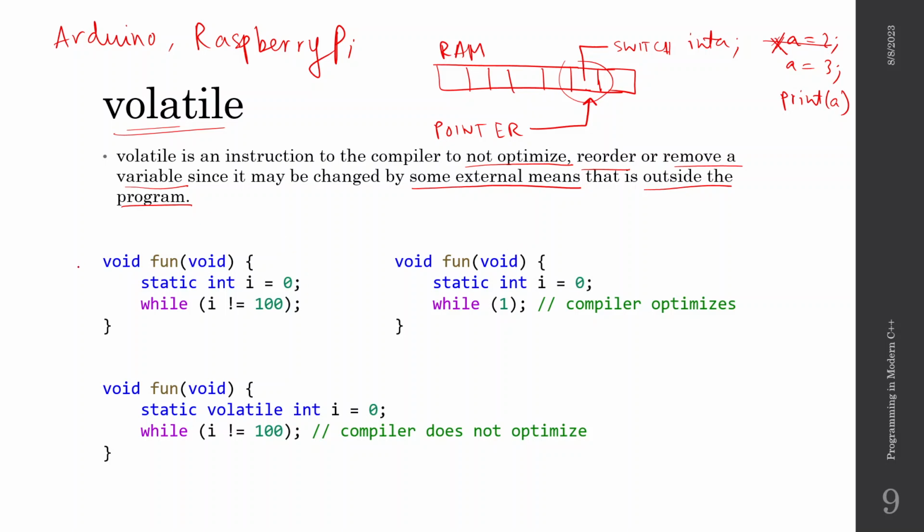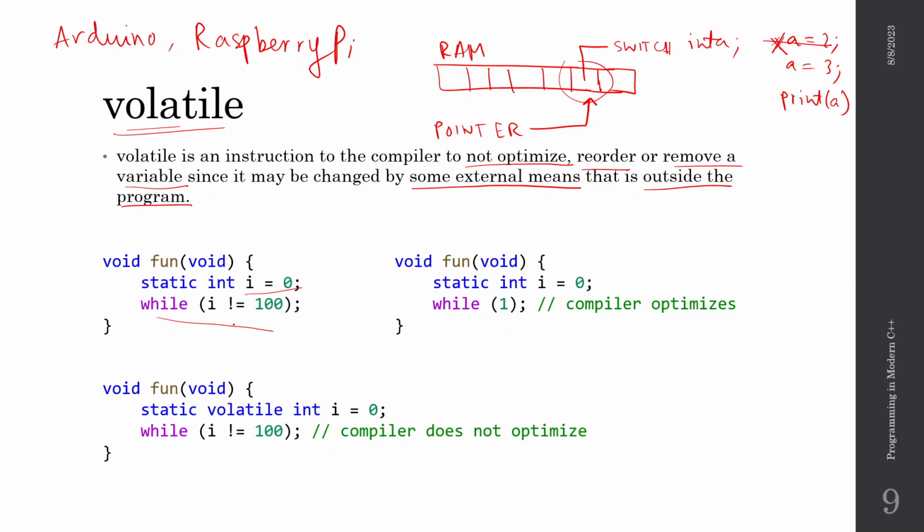Now I will go over some examples. Suppose I have this function, where I have the i variable, and I've written while i not equal to 100. You will see that since i is not being updated, i is not being changed at all, this will become an infinite loop. If somebody calls this function, it will not exit this function.